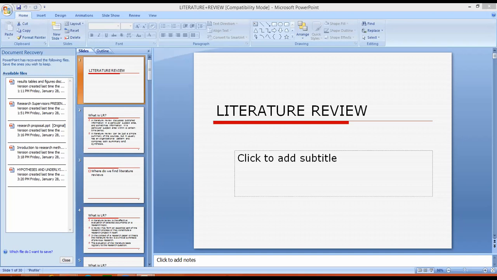Anybody who can help us know why it's important to get literature from the past 5 years? Why do we need to get literature from the past 5 years?